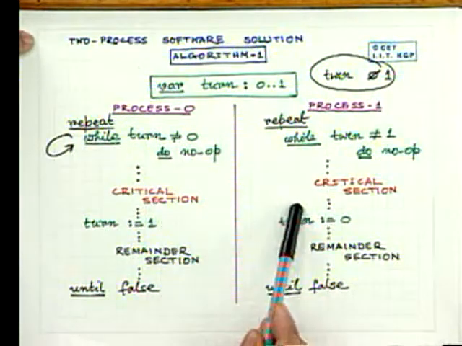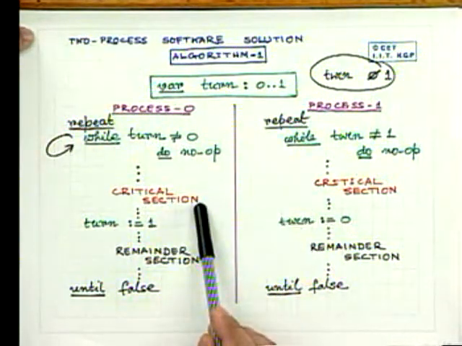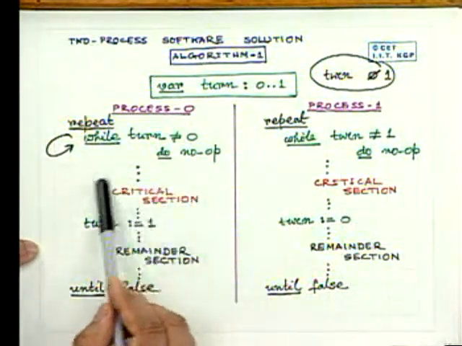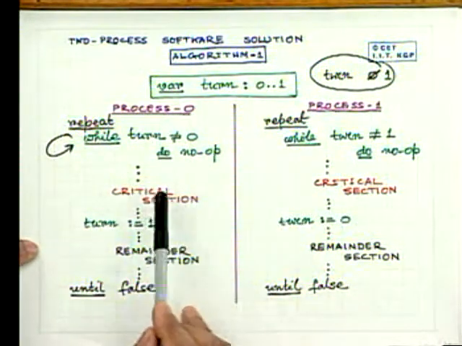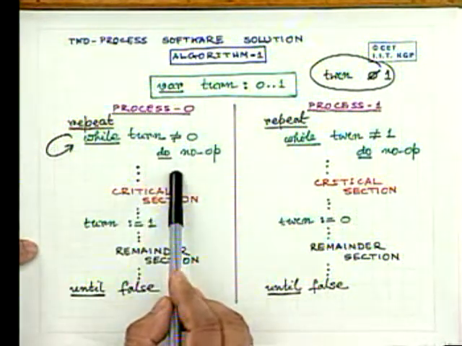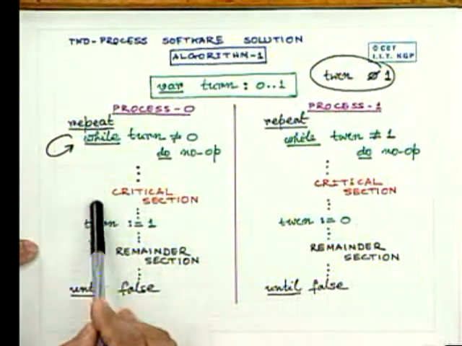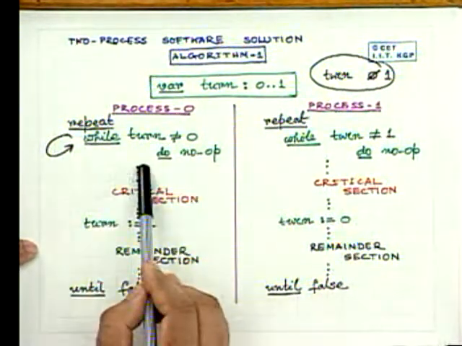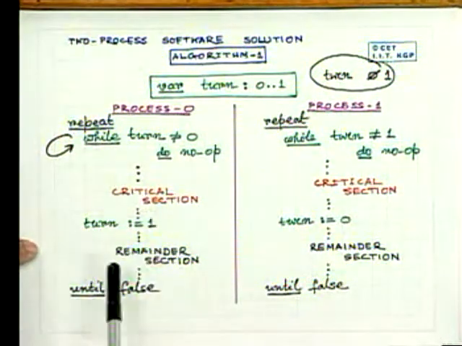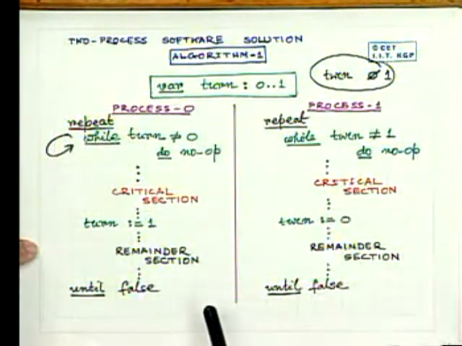This way, mutual exclusion was achieved. Once process 0 is in its critical section, process 1 cannot interrupt it, and therefore the entire operation in this critical section is done as if it's an atomic, indivisible operation. The same holds for process 1.